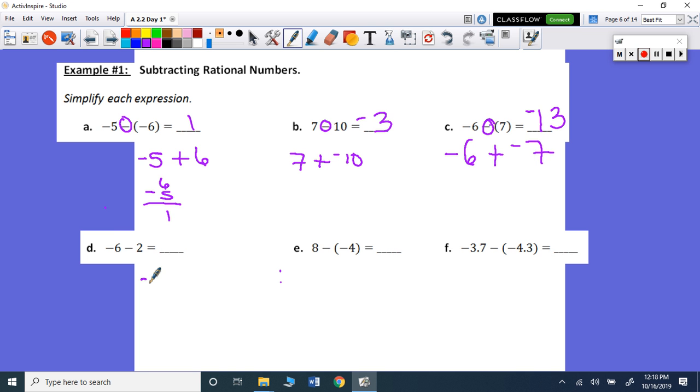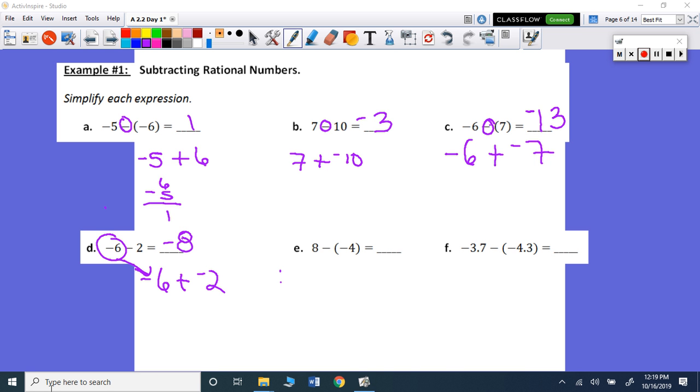So letter D, you're going to rewrite the first, and you're going to add the opposite. The opposite of a +2 is a -2. And from yesterday, that's a -8. Some people can see it as the subtraction is like a -2, and those are like signs, and you add and keep the sign. But I really would like for you to rewrite it.